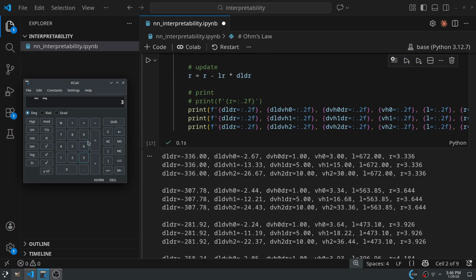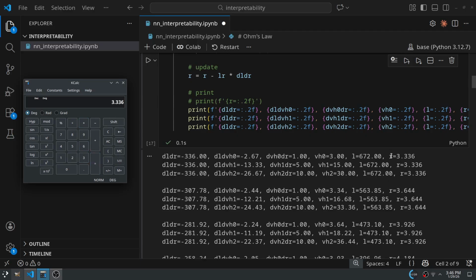So you have 3 minus, but the minus and the negative cancel, so it would actually be 3 plus the learning rate of 0.001 times 336, and that equals 3.336.